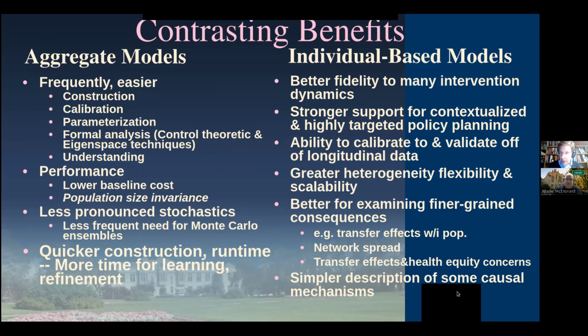We can capture heterogeneity, so key for concerns regarding equity issues and health disparities. And we can represent that heterogeneity in a more nimble way where we can add it in and sometimes may choose to change it or remove it even in a very facile fashion compared to the cumbersome, awkward, and quite error-prone process in aggregate models.